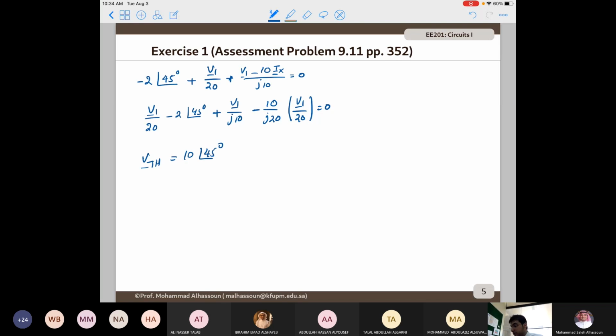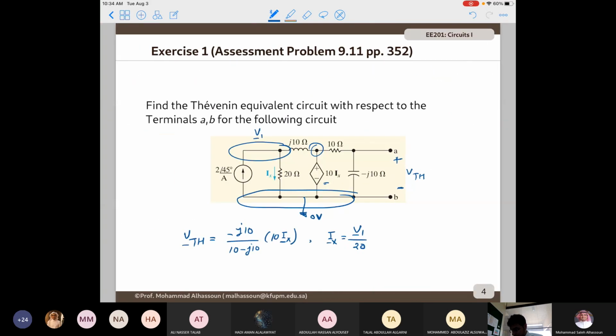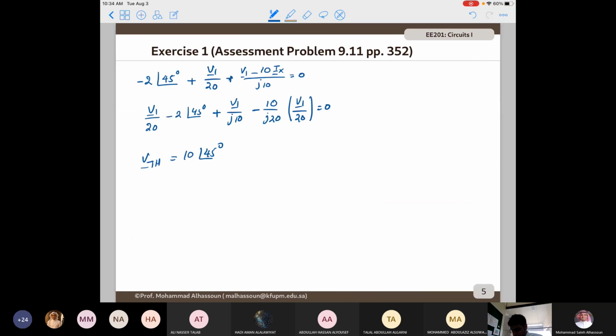Hadi? Doctor, why is it 10 over j20, not j10, in the first equation? Oh, okay. 10 over j10. You mean this one?